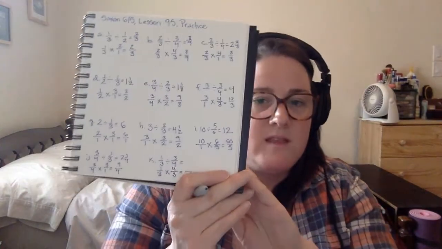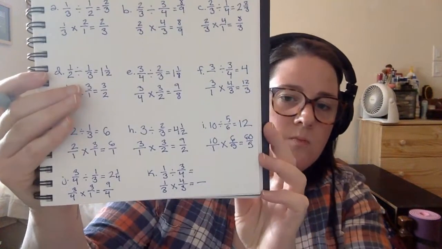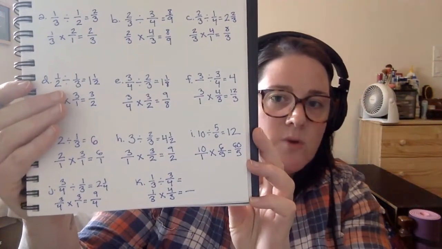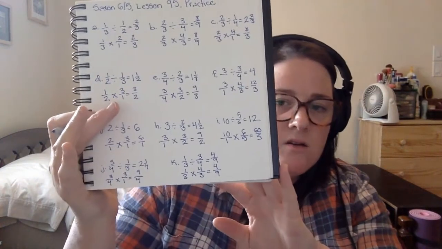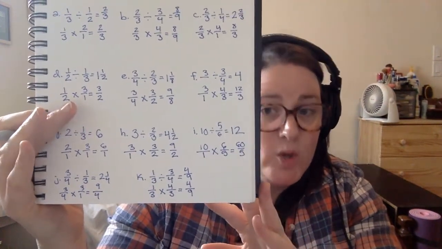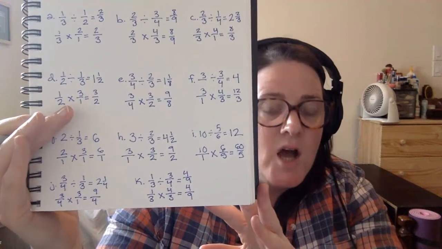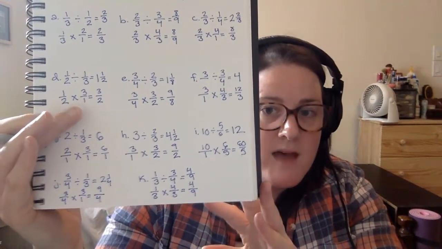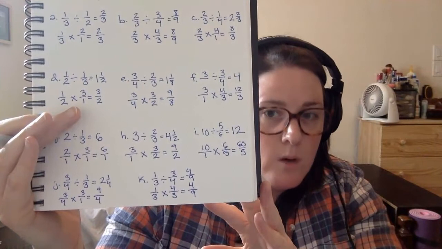And my second fraction, 3/4, I'm going to use the reciprocal, 4/3. Then I have the equation 1/3 times 4/3. 1 times 4 is 4, 3 times 3 is 9, and my product is 4/9.